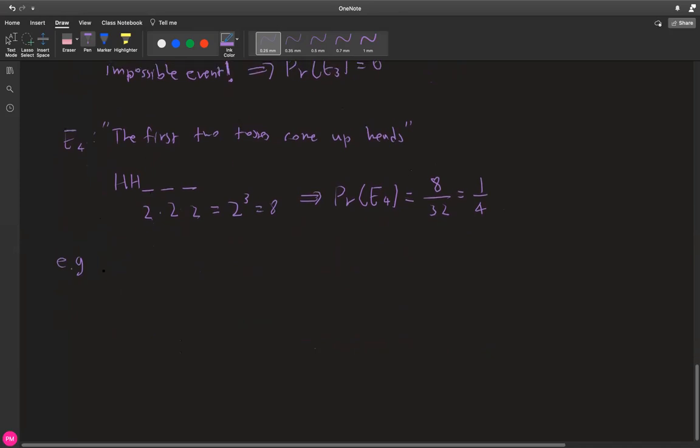In this case, let's say a student randomly guesses the answers to a four-question true or false quiz.